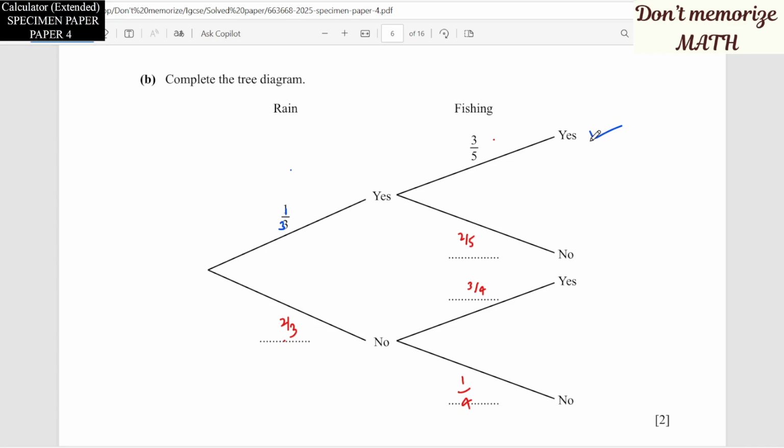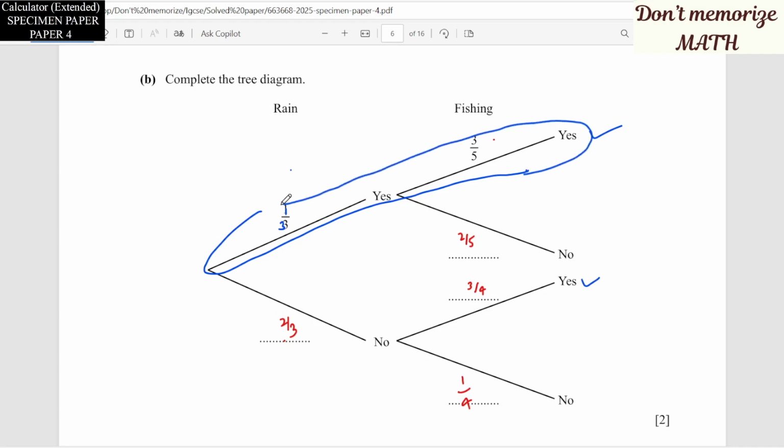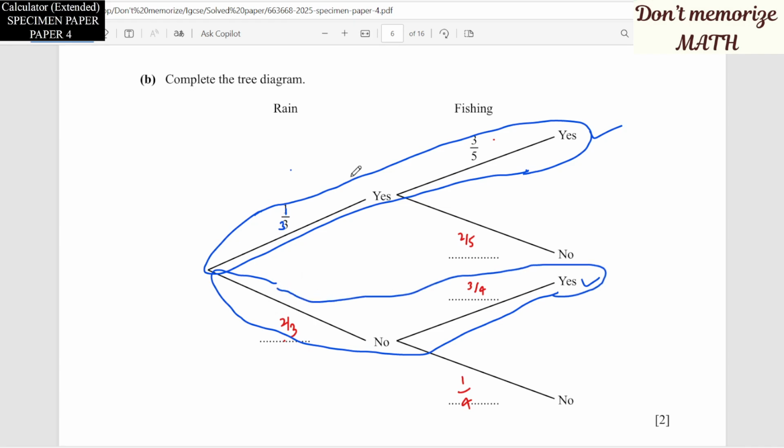So Amira has to go fishing, so fishing must be yes. How will we reach fishing? Either this branch or this branch. We multiply along branches, and in between you need to add.